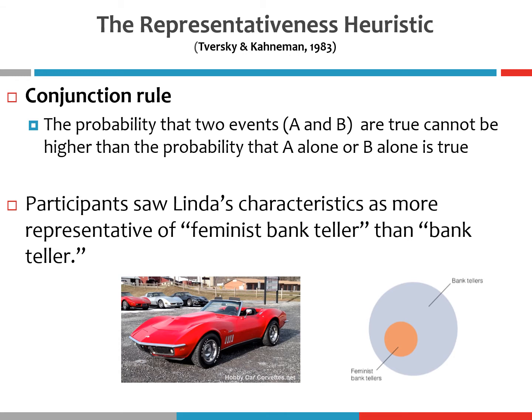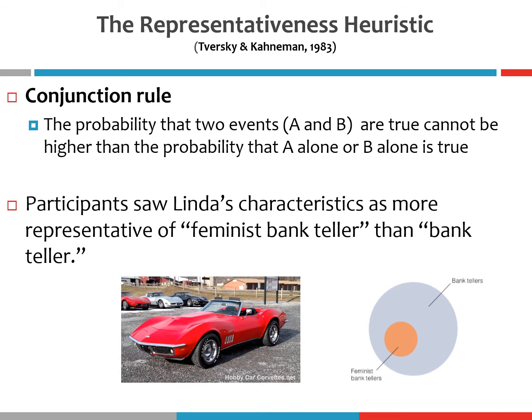However, in choosing statement 2 and assuming that Linda was both a bank teller and a feminist, they violated what's known as the conjunction rule. So the conjunction rule states that the probability of two events, or the probability of A and B occurring, cannot be higher than the probability of a single event.